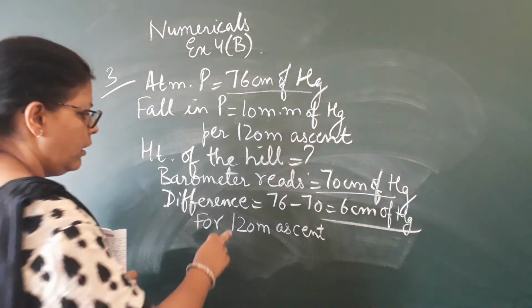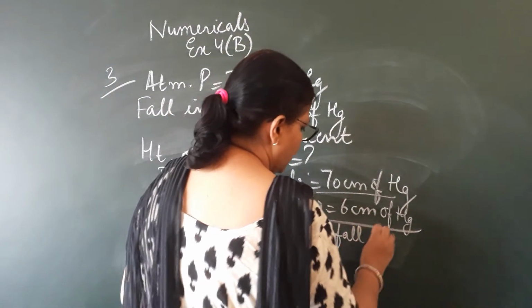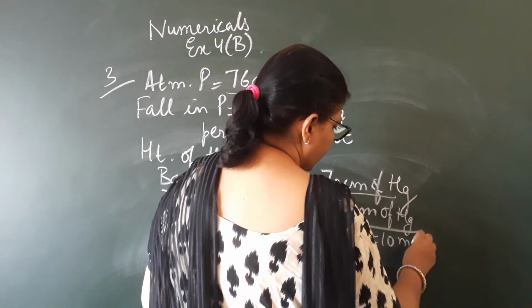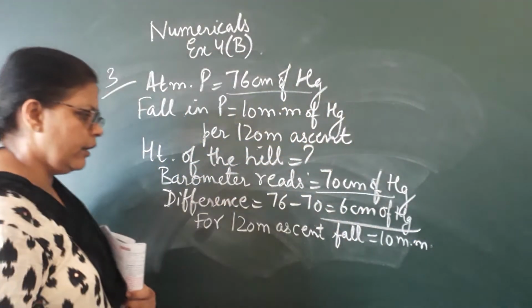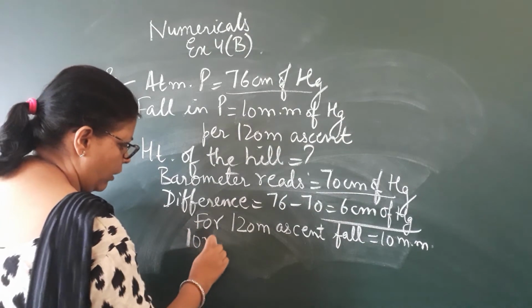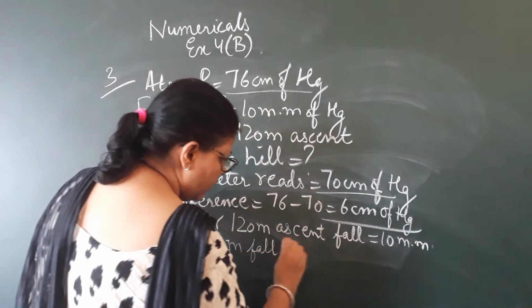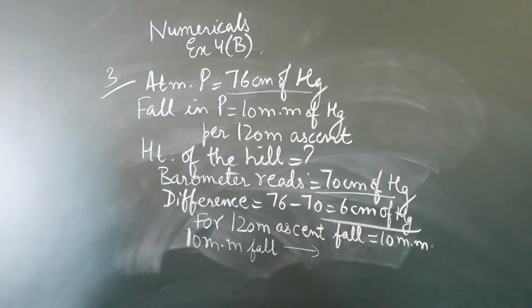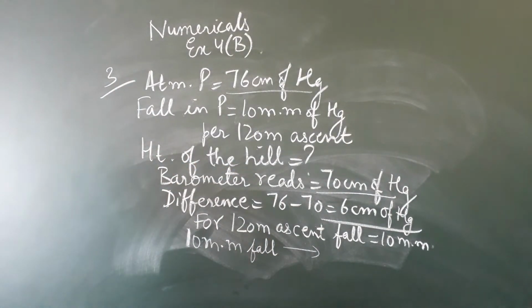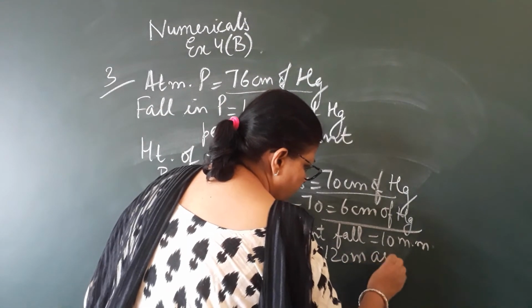So for 120 meters ascent, the fall is equal to 10 mm. That has been given to you. So you say 10 mm fall corresponds to 120 meters of ascent. Right?